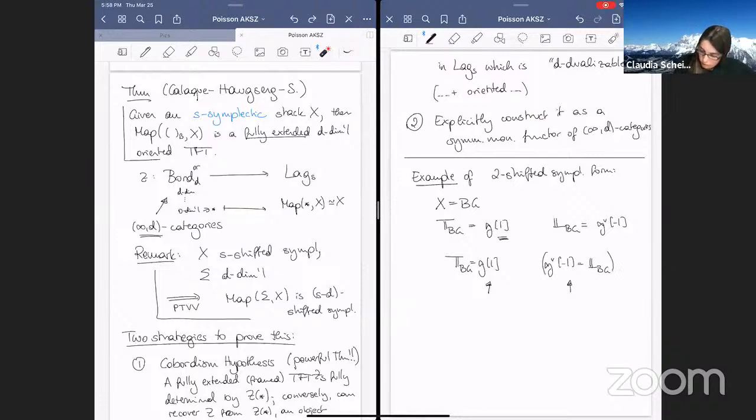But if I shift this by 2, then I do have this, and this is just the Killing form. This is in fact even an isomorphism, but quasi-isomorphism would suffice. And so this shift, this 2, is the reason for my 2-shift in symplectic. Just to give you an example of why this appears.